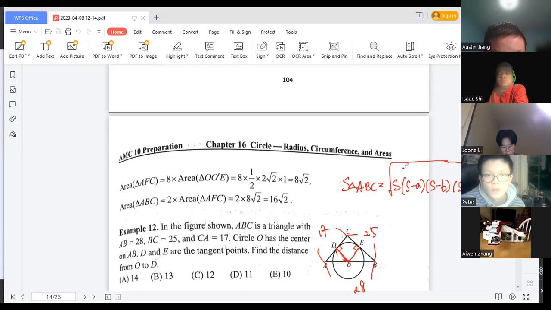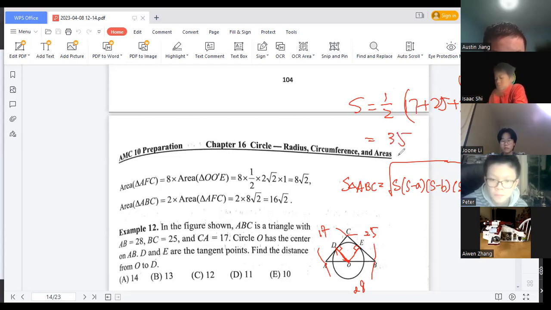And S equals what? S equals a half of 17 plus 25 plus 28, which is 70, so S equals 35.